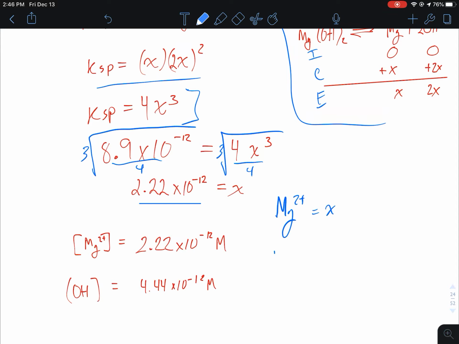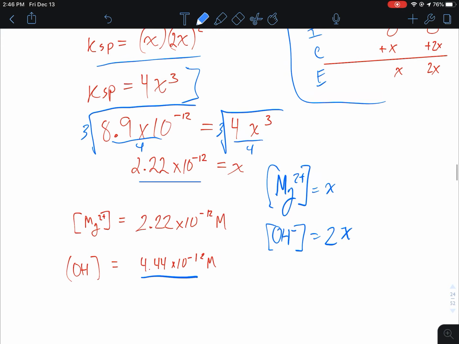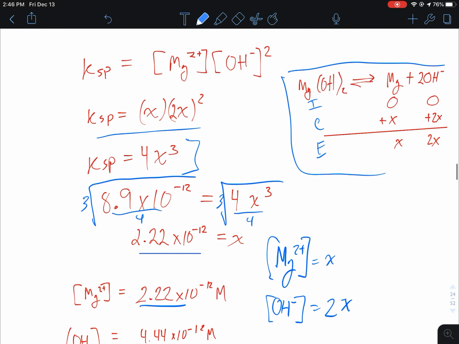And as I remember what we're doing, our concentration of OH is 2x. So that will be a little bit more tricky to figure out, but it's just twice. So here's our 2 new concentrations.